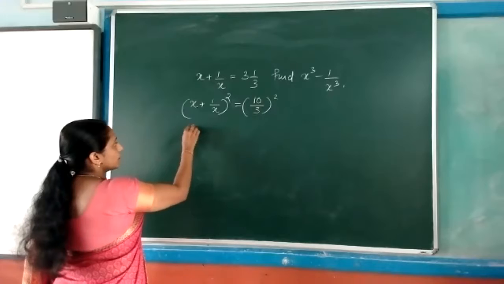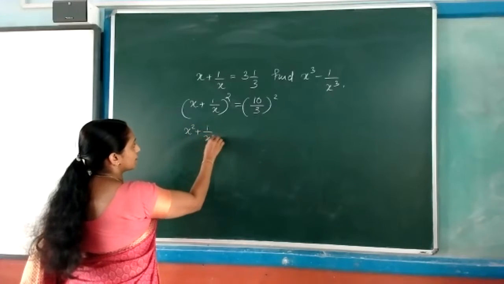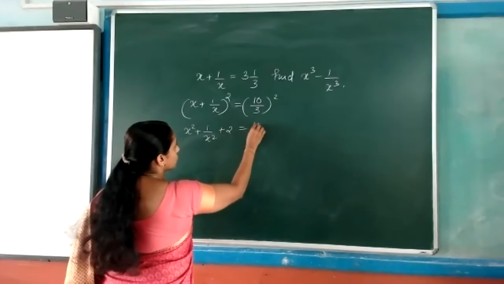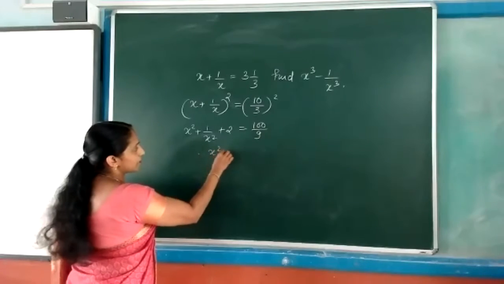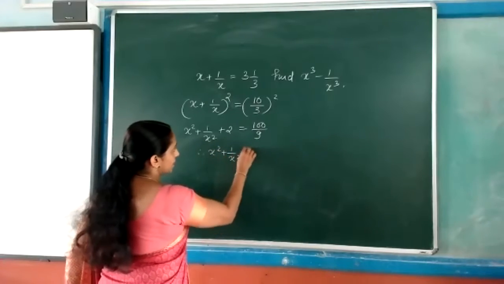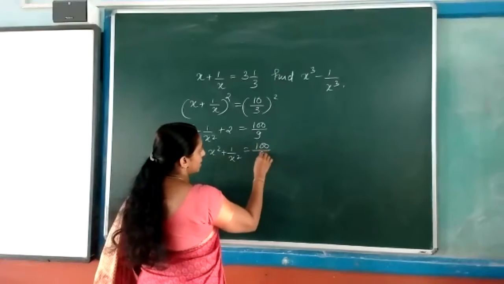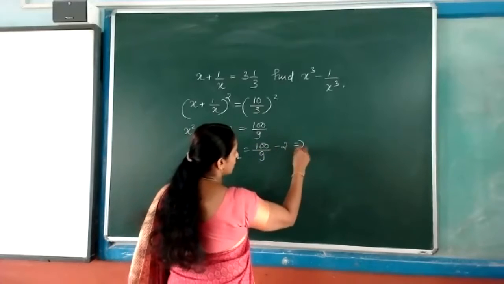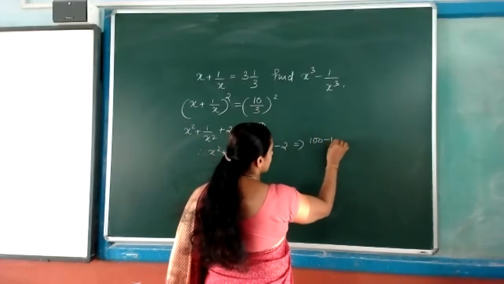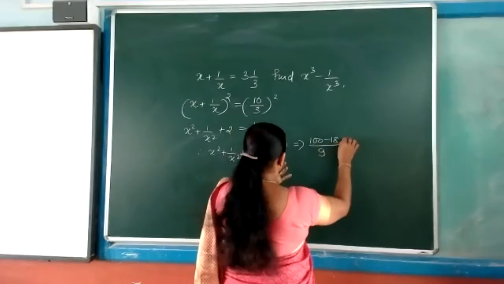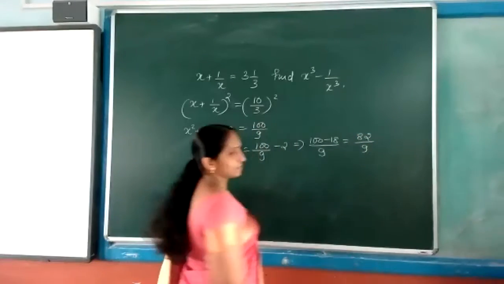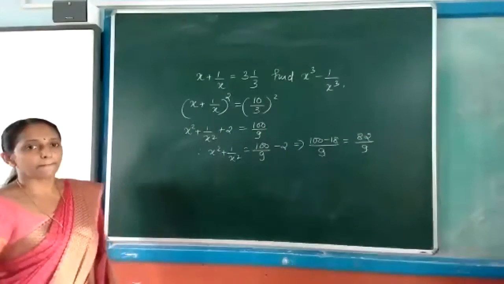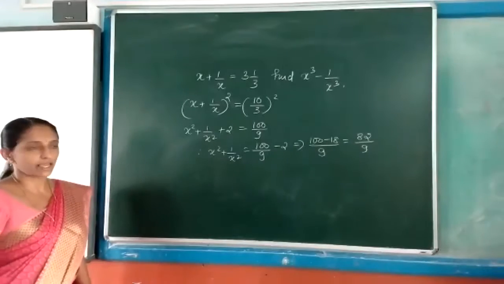That is x square plus 1 by x square plus 2 is equal to 100 upon 9. Therefore, x square plus 1 by x square will be 100 upon 9 minus 2. So you are getting 100 minus 18 upon 9. That is 82 by 9. x square plus 1 by x square.